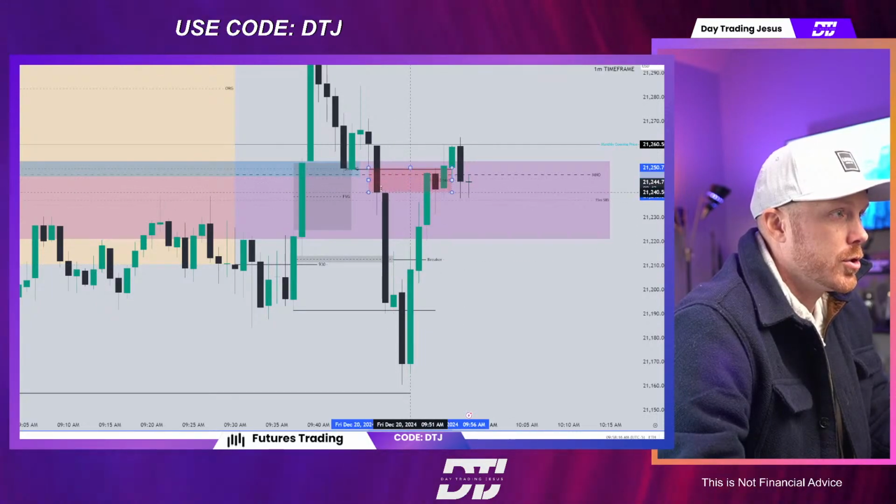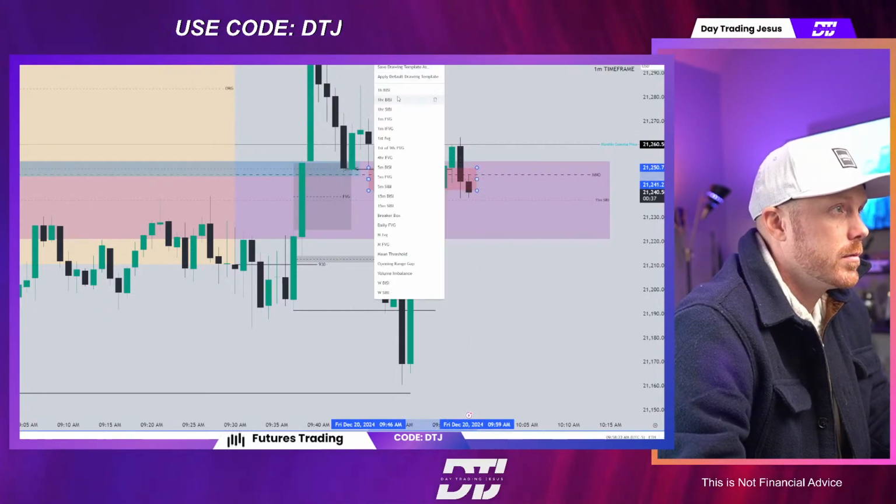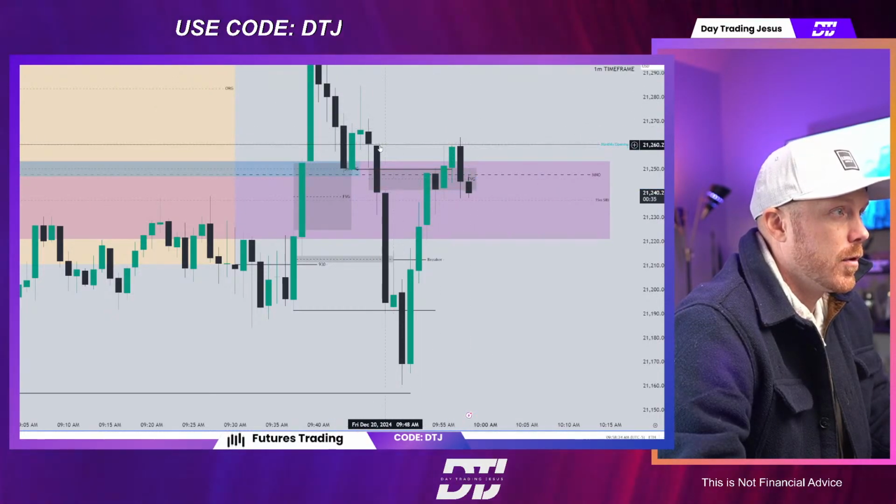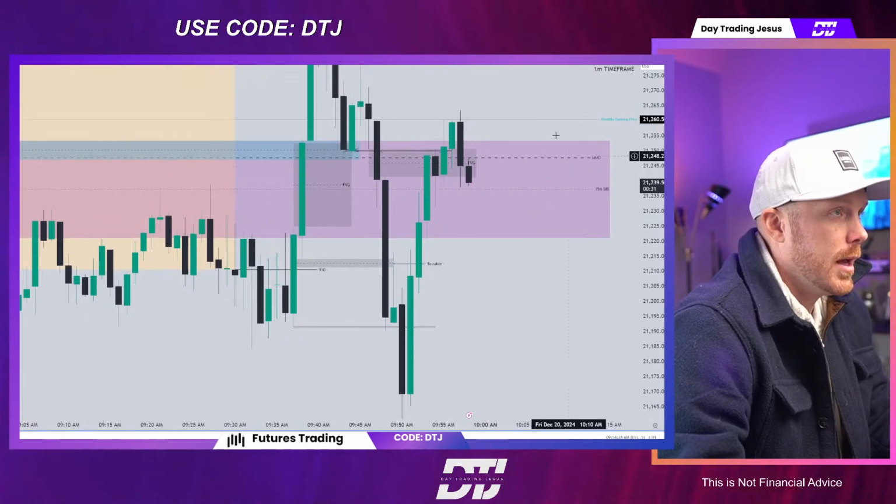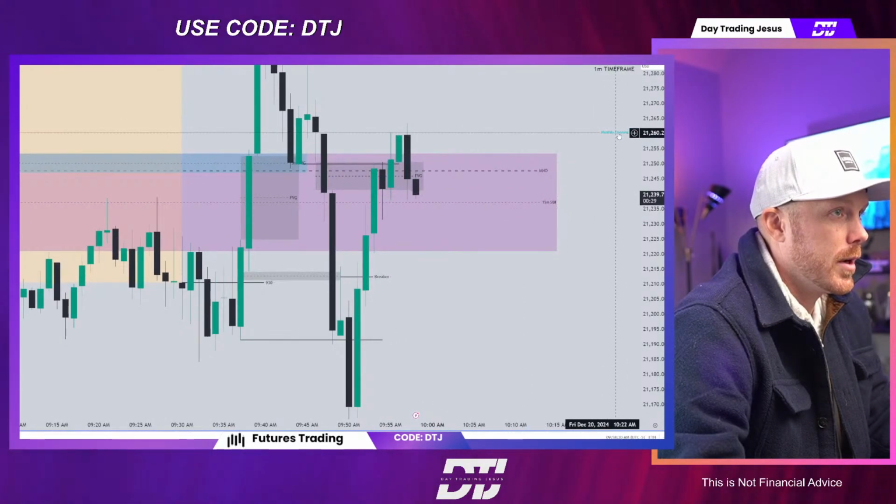We do have a larger 1 minute fair value gap that we could be considering as well, but I'm not really going to. There's a volume imbalance right here that I'm seeing. And we ran into the monthly opening price.